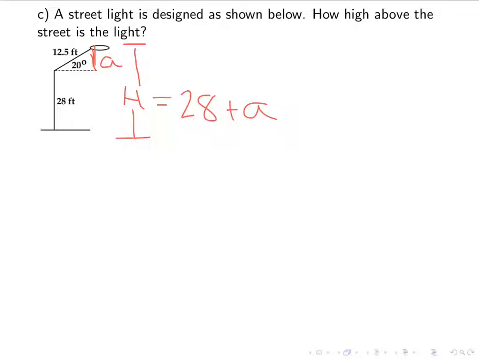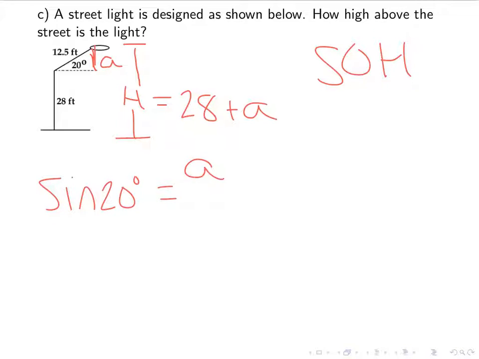Okay. So we know our angle, we know the hypotenuse, and the side that we want is the opposite side, which again tells us that if we have opposite and hypotenuse, we need sine, because we need SOHCAHTOA. So sine of 20 degrees is A, my unknown, over my hypotenuse, 12.5.